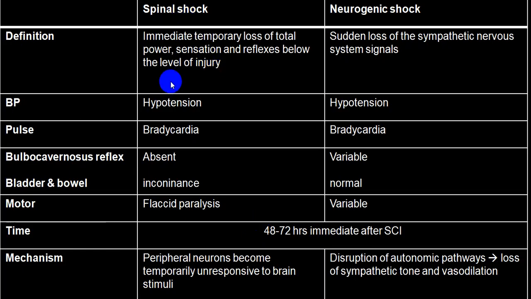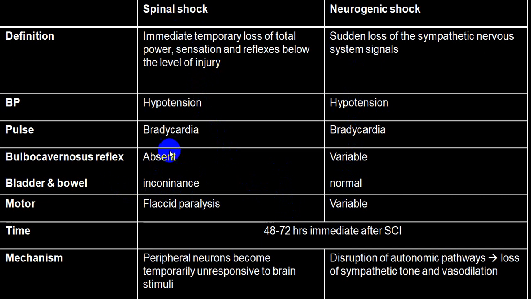So in spinal cord injury, you do develop hypotension and bradycardia because of neurogenic shock simultaneously. But because of spinal shock, you will have a loss of power and loss of sensation below the damage, and complete loss of reflexes below the level of injury. Bulbocavernosus reflex will be absent. Bladder and bowel will also be involved in the form of incontinence, which will not be seen in neurogenic shock.